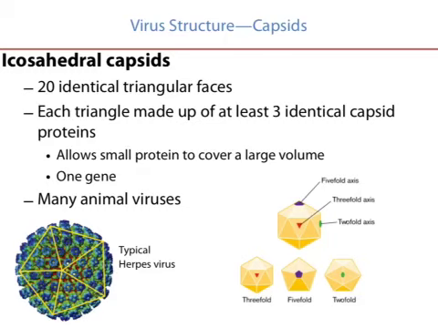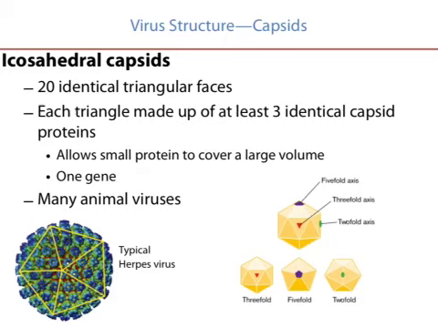It's actually really cool how viruses are able to put together their capsids, because even though the capsid is formed by many faces, so in this particular example here is a triangular face, and each face is made up of 3 different proteins. The cool thing is that each protein is identical. That is, to make these complicated structures, really they don't need to encode a whole lot of proteins.